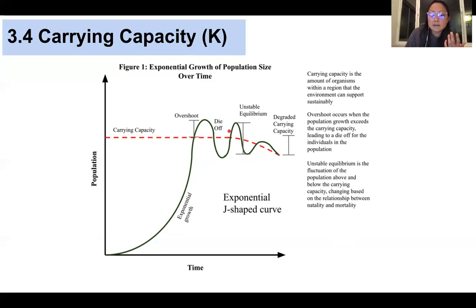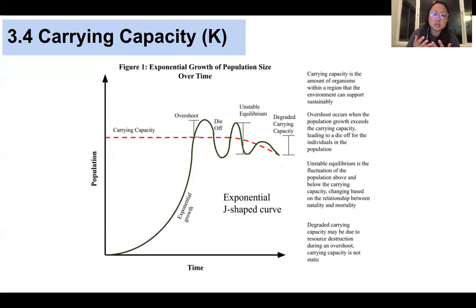And then it'll crash again once it's out of its carrying capacity. Of course, this undulating that it does in the environment is also damaging to the resources. So why all of a sudden this carrying capacity starts decreasing is because the degraded carrying capacity may be due to resource destruction during an overshoot.